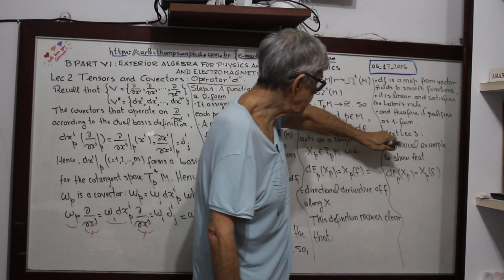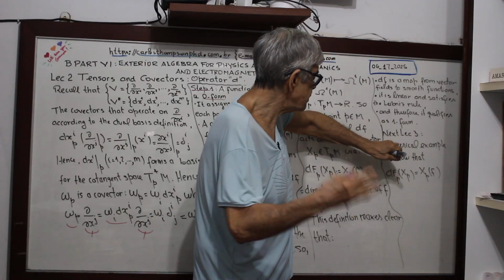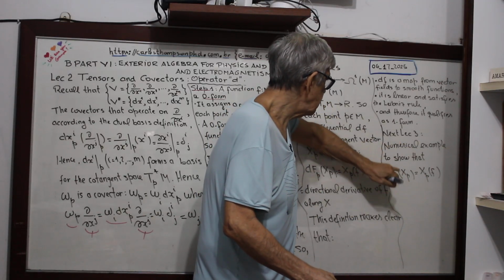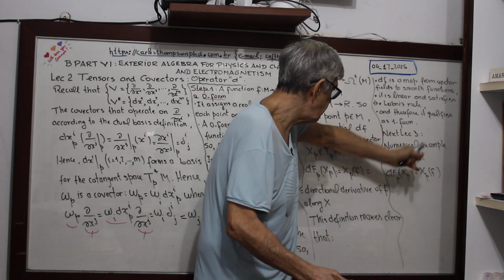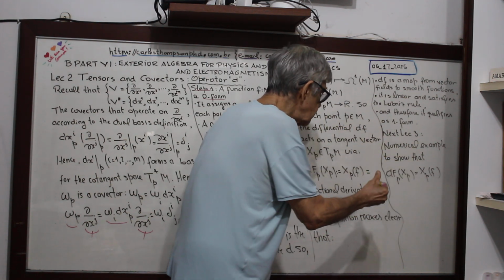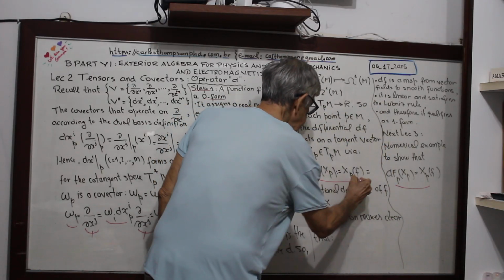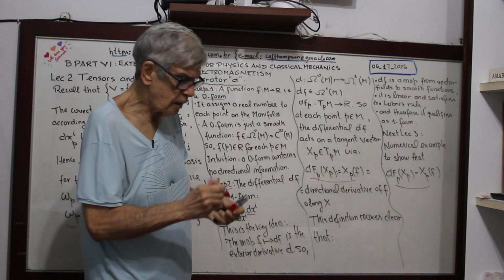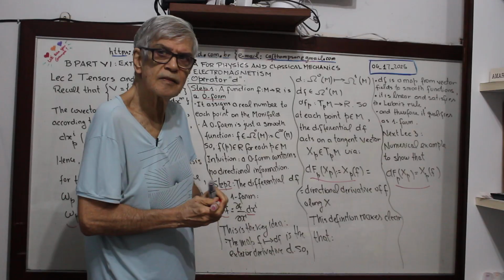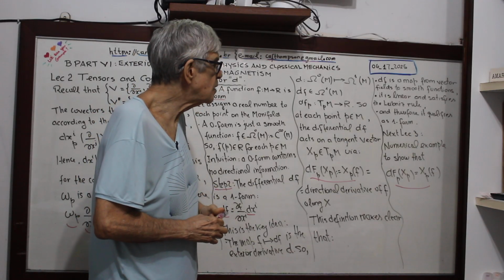Now, in the next lecture, lecture 3, I will present a numerical example, just to verify this relation over here. I'll give one clear numerical example, just to see that relation.